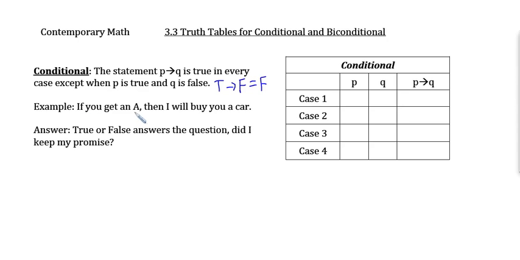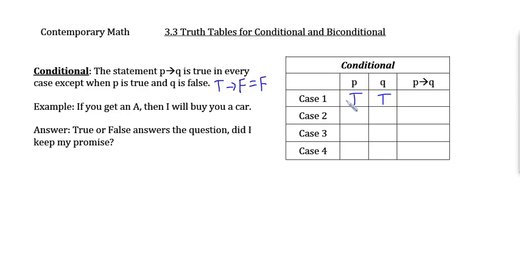If you get an A, then I will buy you a car. Okay, so here, the answer, true or false, answers the question, did I keep my promise? So let's go ahead and just talk about case 1. And you'll recall from last section that our first case is P is true and Q is true.